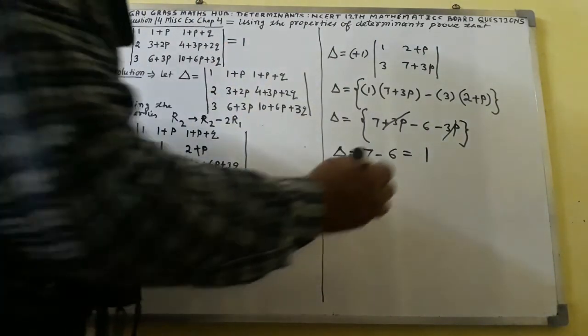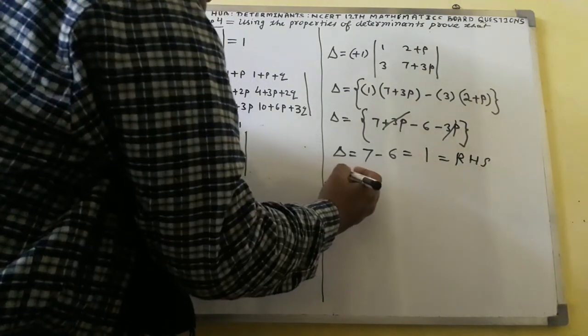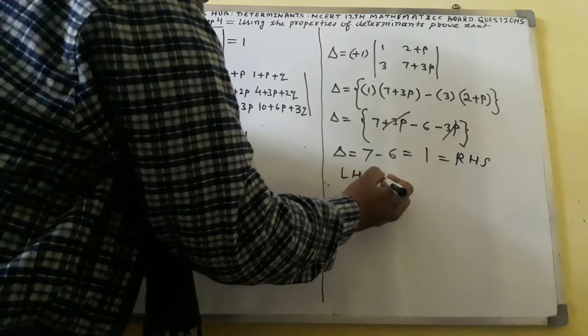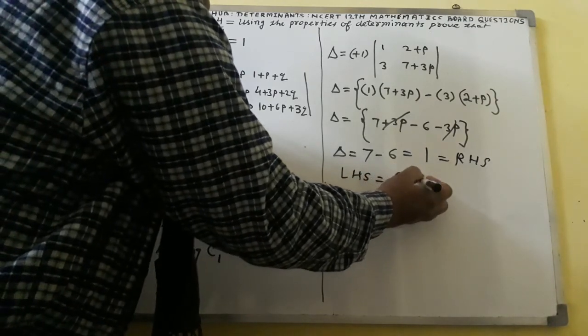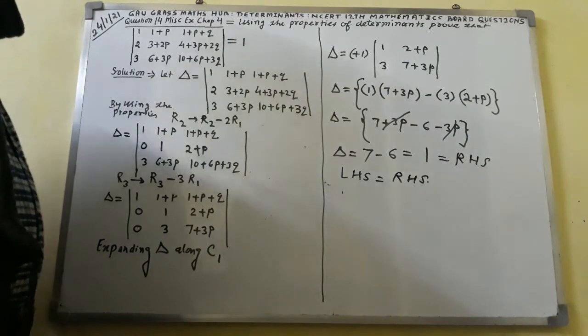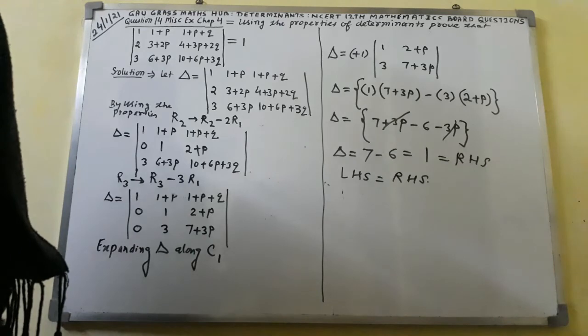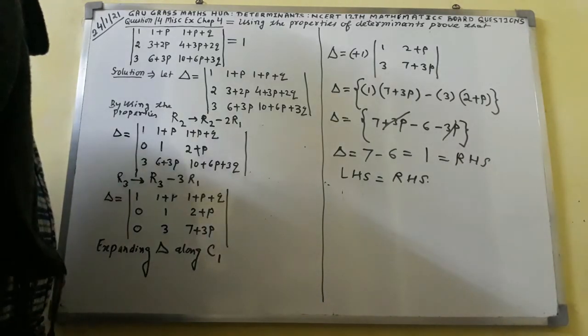You have got equal to RHS. So here I can write LHS equal to RHS. Now the question has got proved.